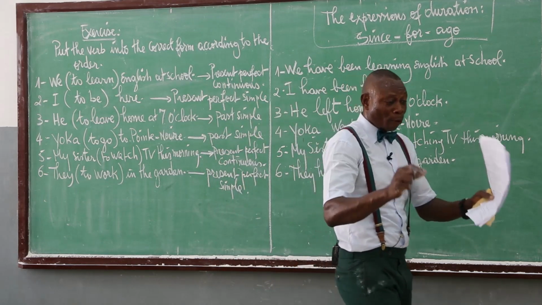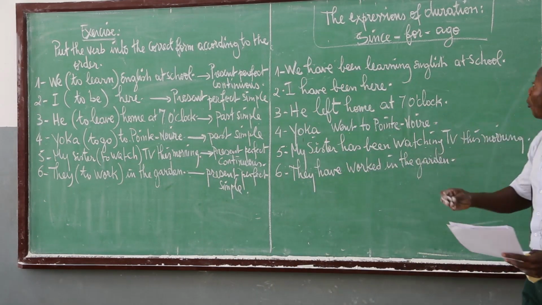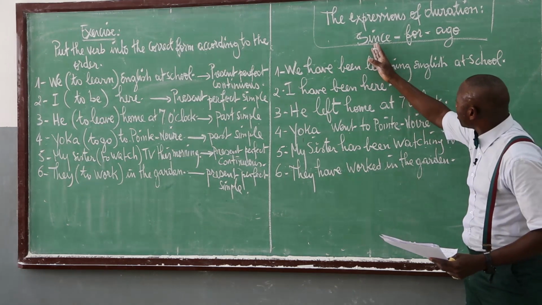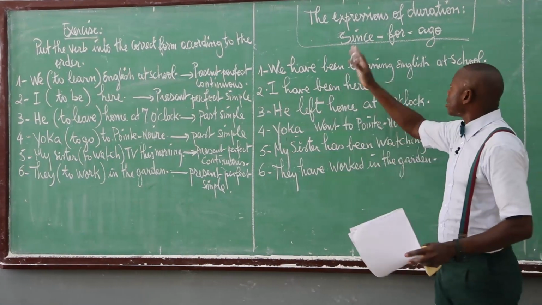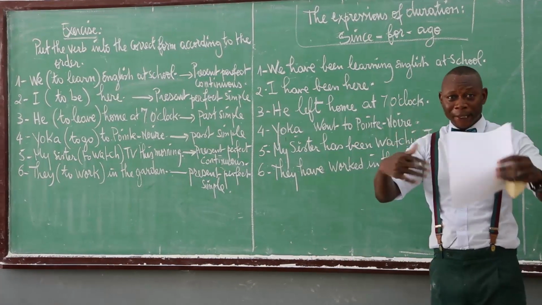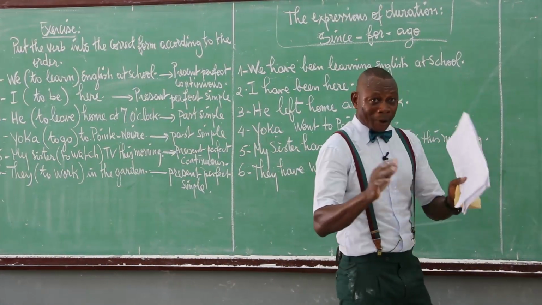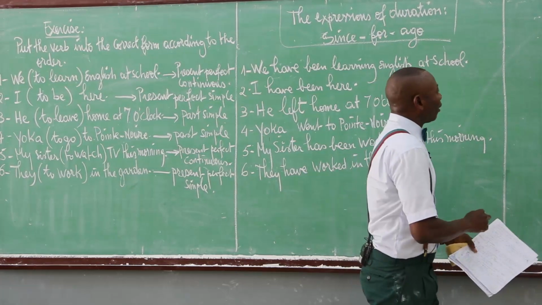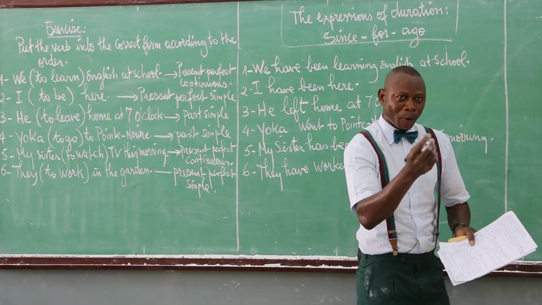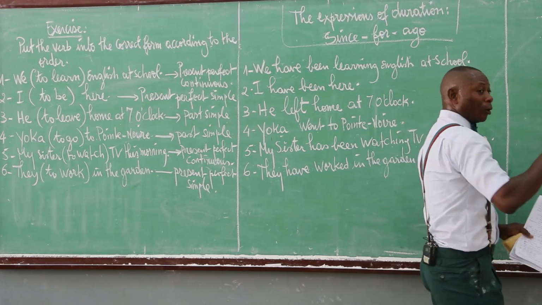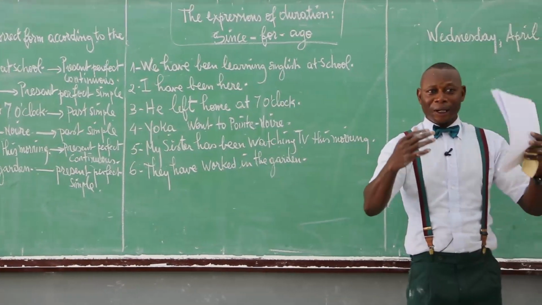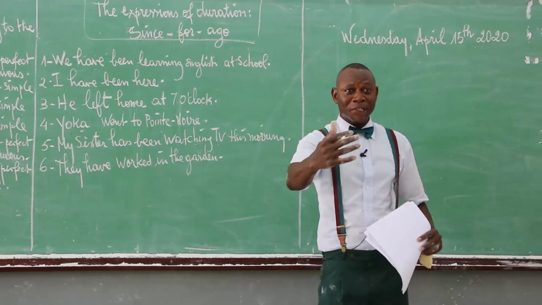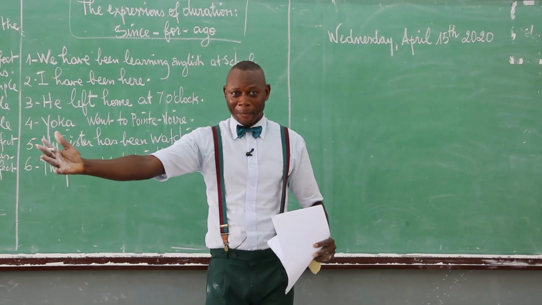Now, let's move to the deep of our lesson. Since, for, and ago. We are going to introduce since, for, ago, step by step, okay? So follow please. Take an example. Before coming to grammar school, you were first in primary school, okay?